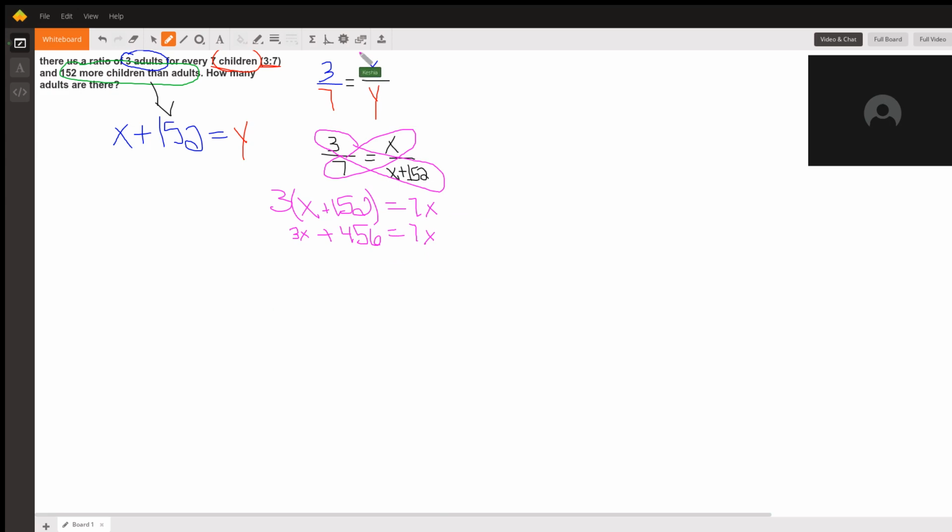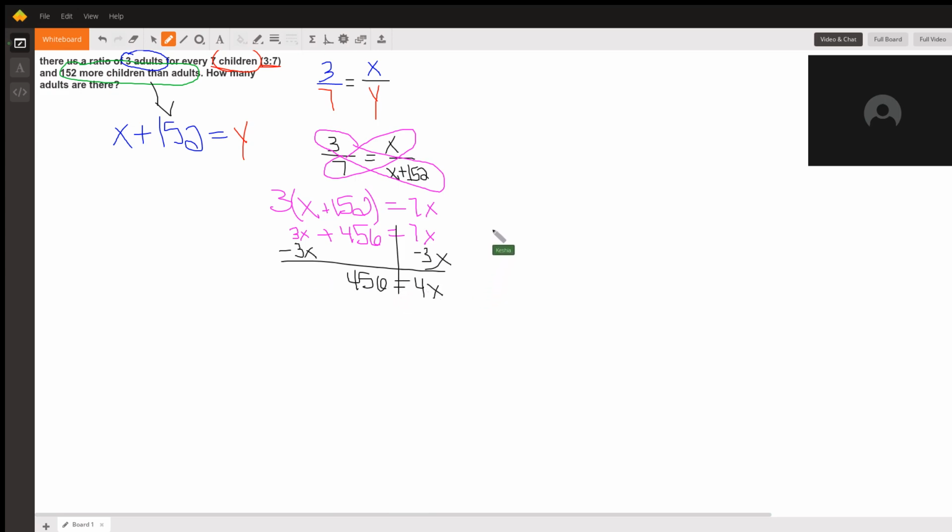From here, you have an equation with a variable on both sides. So now you need to take away this 3X on both sides. And when you do that, you have 456 equals 4X.